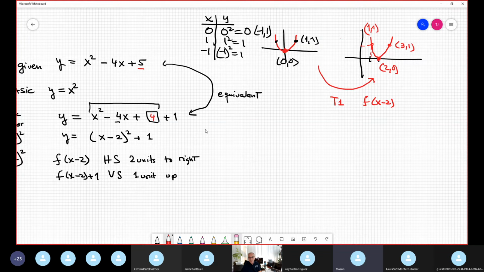But this is not important. Finally, plus 1. Bueno, si es plus 1, entonces my graph is like that. This famous point (2, 0) now would be (2, 1), because the entire graph is moving up 1 unit.